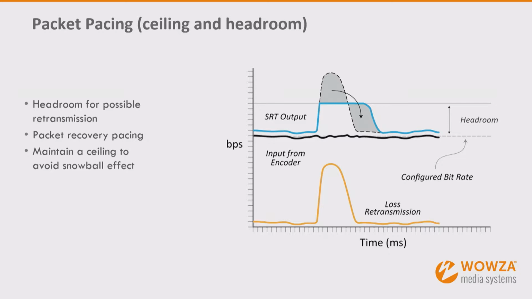As far as how it retransmits packets and best leverages the bandwidth it has available, the goal is not to just burst all the packets out at once and overblow your bandwidth ceiling. When you have loss and need retransmission, we try to pace the packets out over a longer period of time to eliminate large bursts that would potentially cause more packet loss, which leads to that snowball effect where you have ever-growing buffering on the sender side because it has to keep retransmitting things.